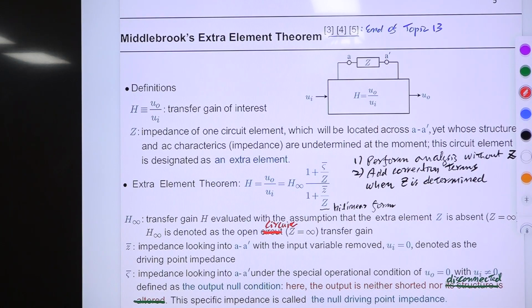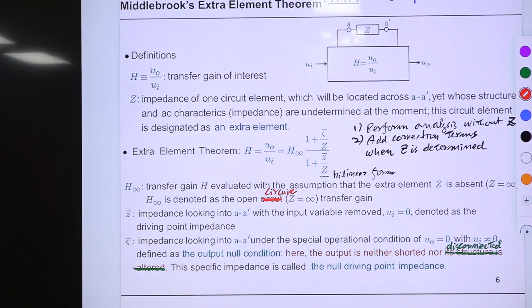Let me just introduce this slide, and we'll come back on Thursday to investigate this further. Middlebrook's extra element theorem.